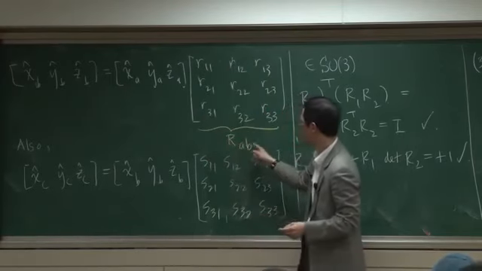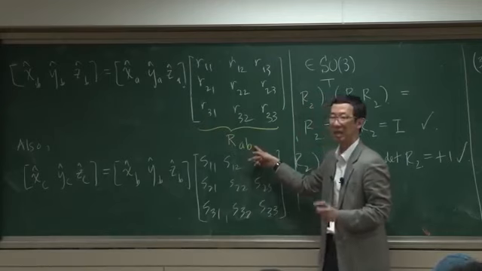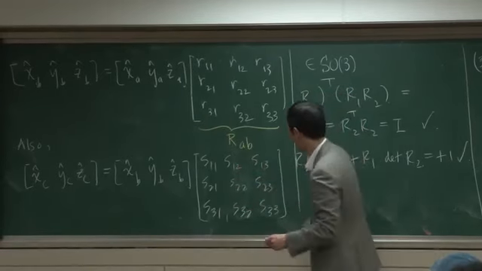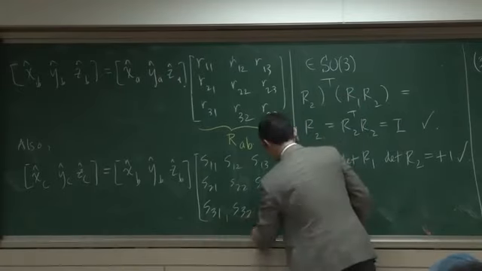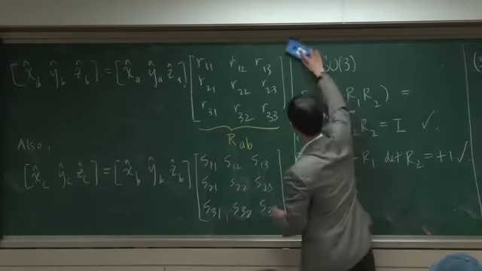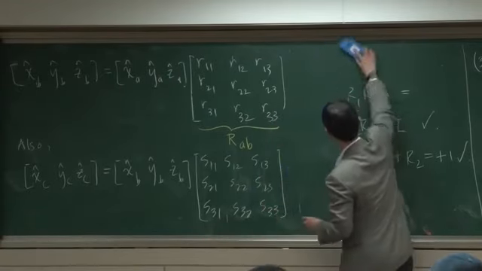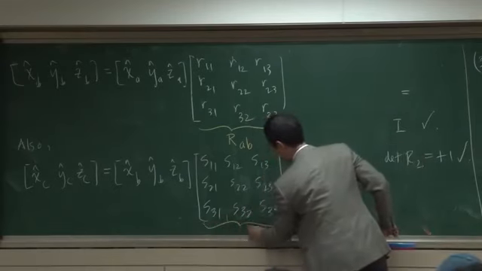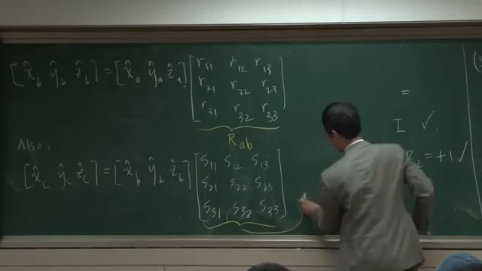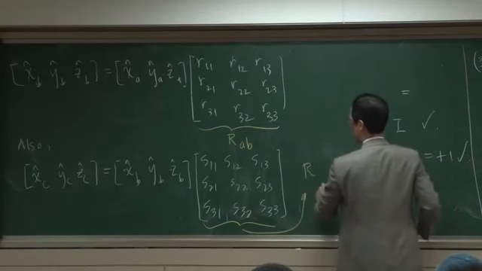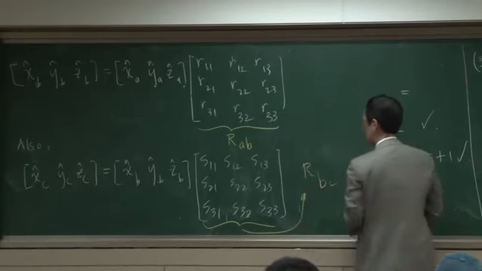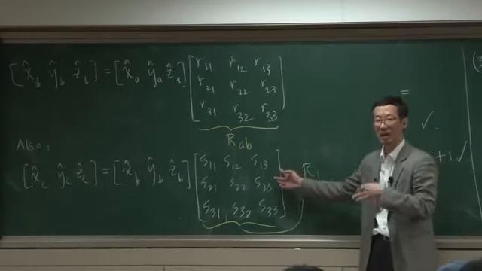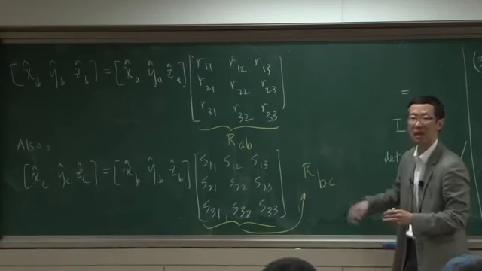So this is RAB, frame B as seen from A. Using the same notation, this matrix is going to be RBC. So this is a description of frame C as seen from frame B.